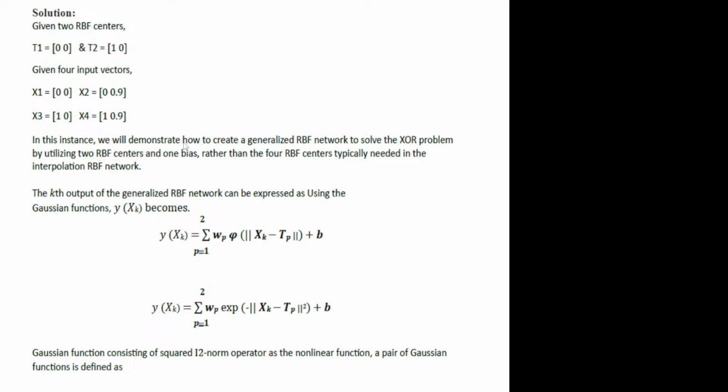In this instance, we will demonstrate how to create a generalized RBF network to solve the XOR problem by utilizing 2 RBF centers and 1 bias, rather than the 4 RBF centers typically needed in the interpolation RBF network.